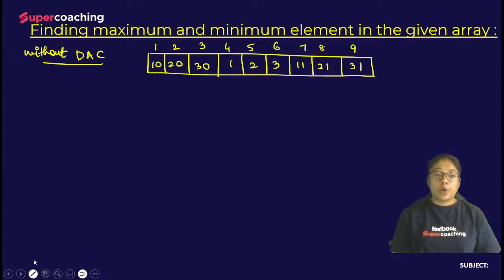Now, according to the problem statement, this is the input, some unsorted array. Some array of elements is given as the input, it may or may not be sorted or unsorted.